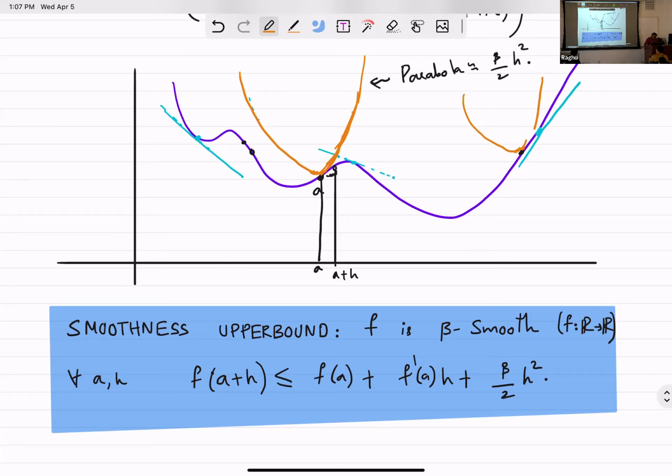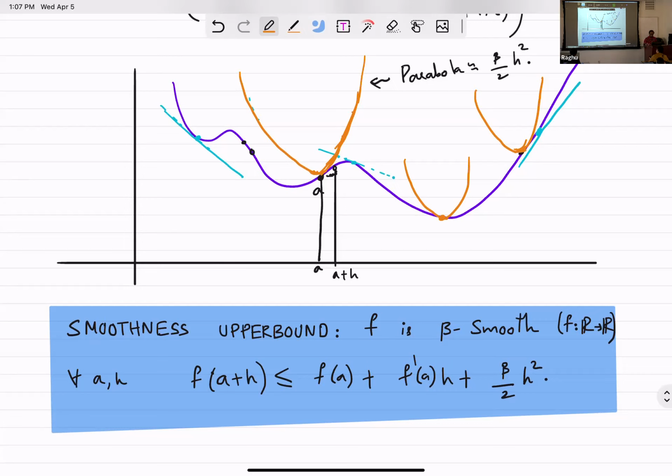My drawing skills are limited, so bend your mind with me and think these are all parabolas which are nicely touching. For every one of these points, I can define a parabola, and every one of these parabolas is always going to be above the purple curve, no matter where you are.